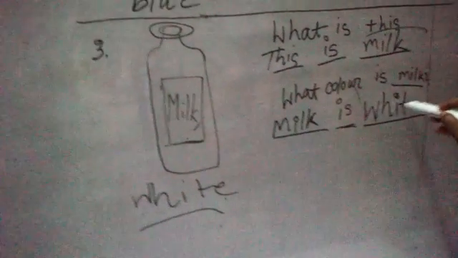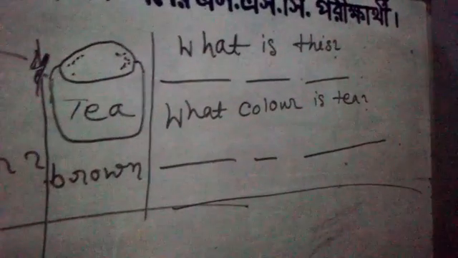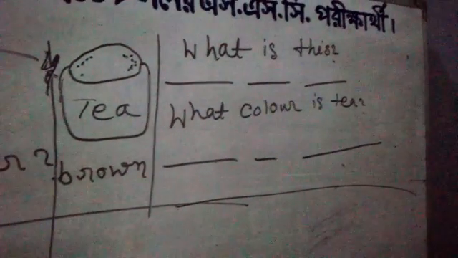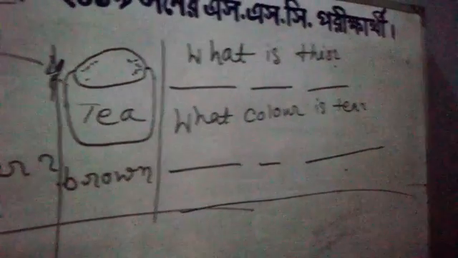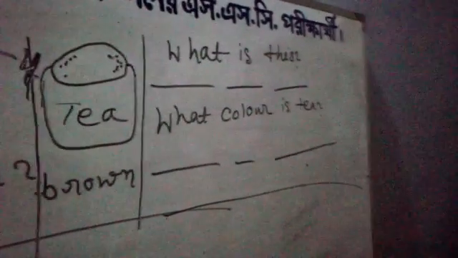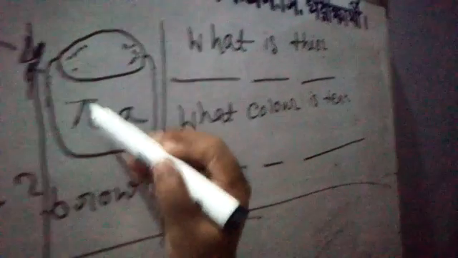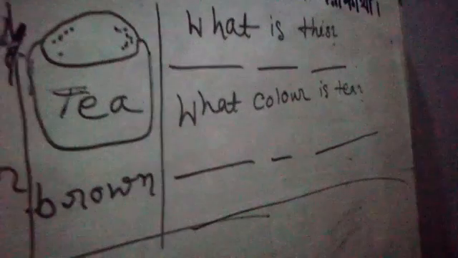Okay, you got it? So now number 4, look at the picture. Though it's not drawn perfectly, I hope you can understand from the picture that the name on this sack is written Tea.